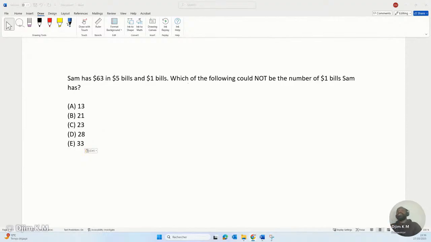Which of the following could not be the number of $1 bills Sam has?